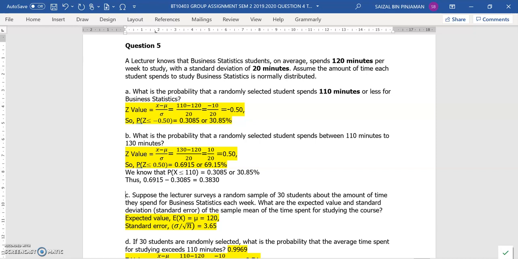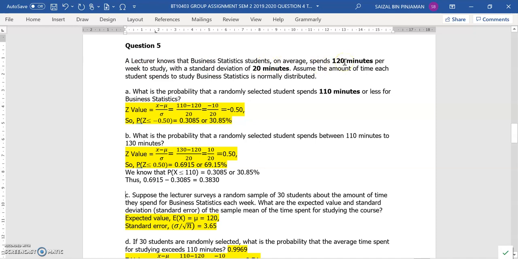In order to answer question 5C, first you need to know that the expected value for a normal distribution is equal to the average or mean value. Based on question 5, we know that the average value is equal to 120 minutes.